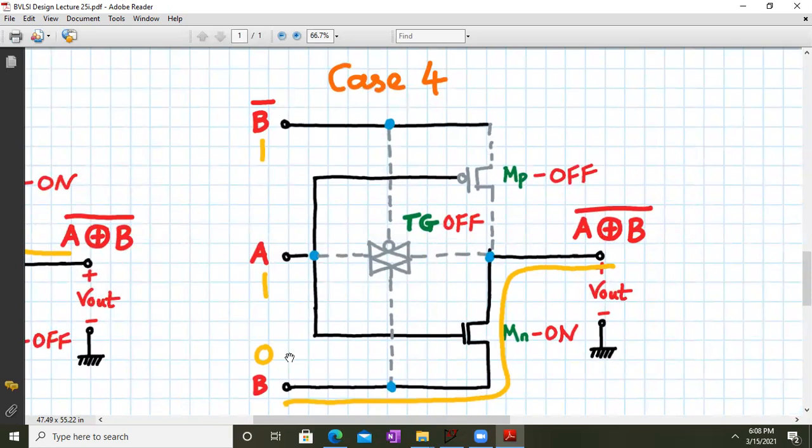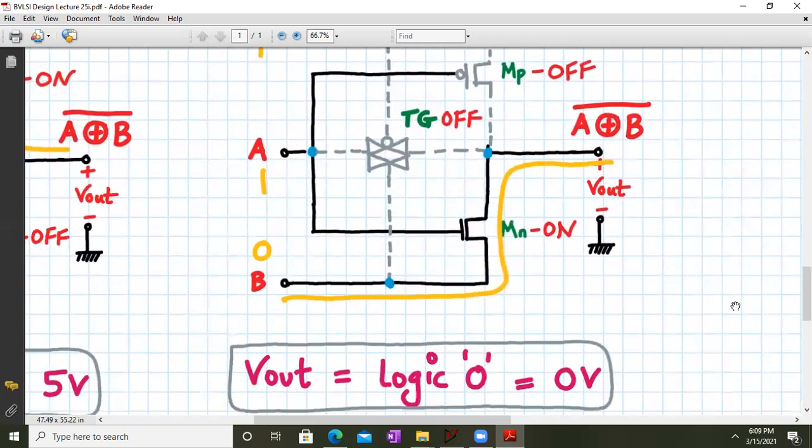Another explanation might be that since this NMOS pass transistor is on, because we have applied a logic 1 to its gate, and we are trying to force a logic 0 through this NMOS pass transistor, and we know that an NMOS pass transistor passes a very strong logic 0, the output will be a strong logic 0.